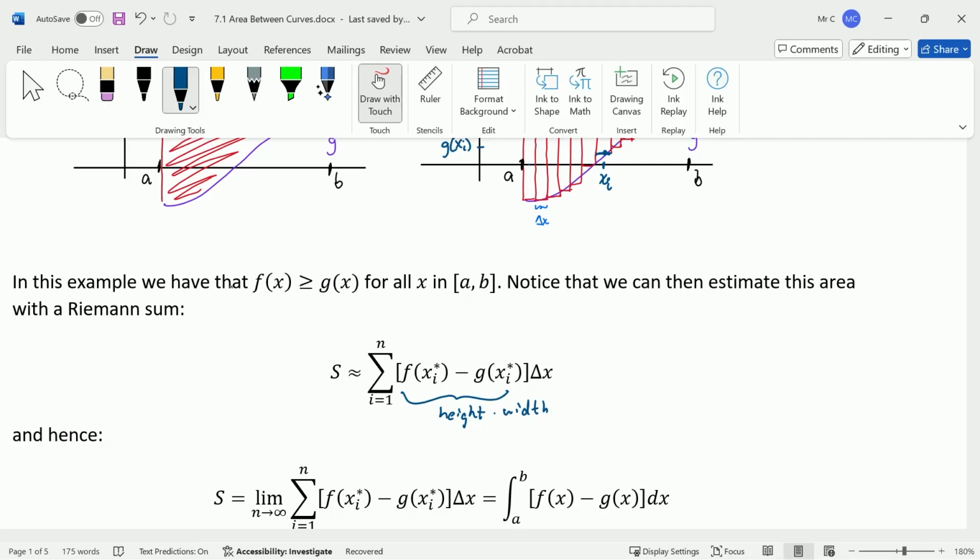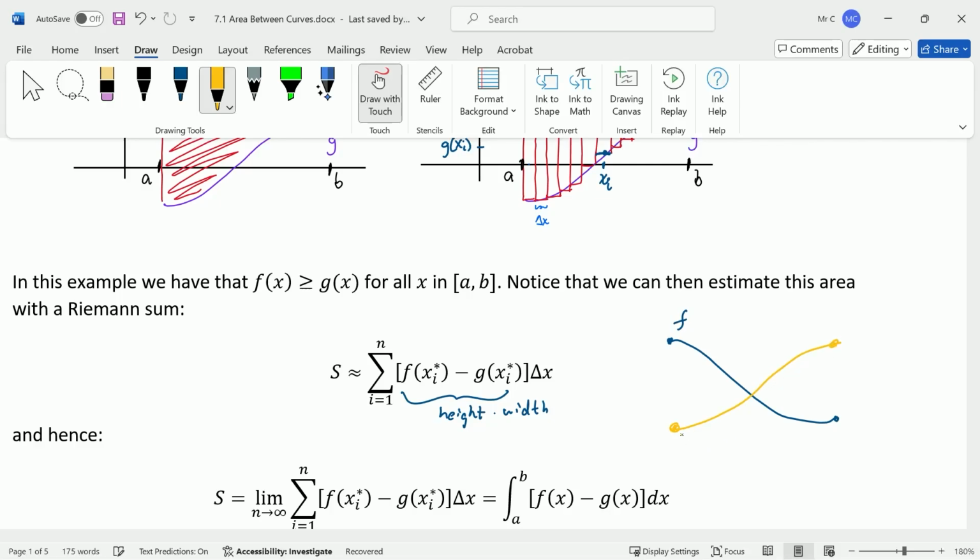Now, mind you, in this example, we've assumed that f of x is greater than or equal to g of x for all x in the interval. And so that allows us to estimate the area in this way. Now, we could definitely have different situations occur. For example, you could have a function, say f is this blue function, and in yellow, say this is g.